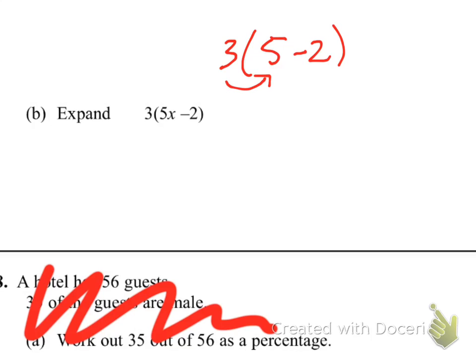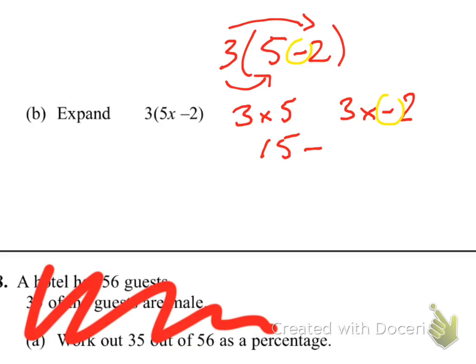Well, it would be these two first, which is 3 times 5, and then it would be these two next, which would be 3 times minus 2, which would be 15 minus, because of these minuses here, 3 times minus 2, which would be minus 6.